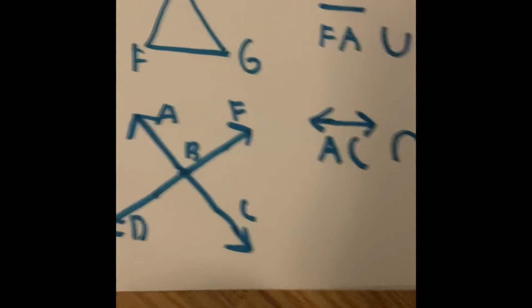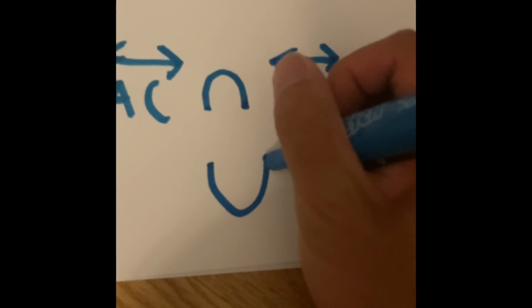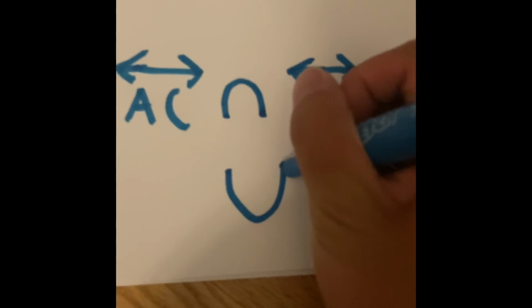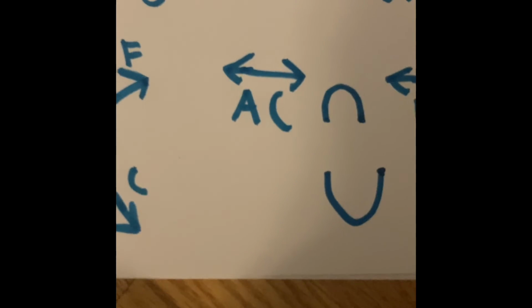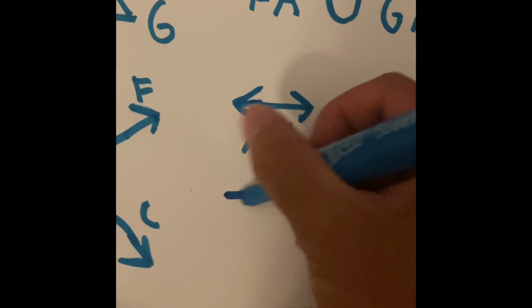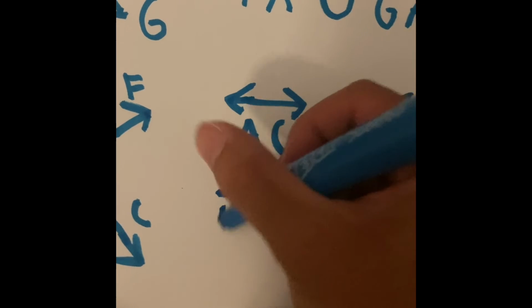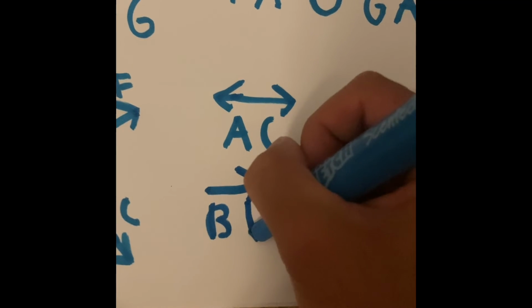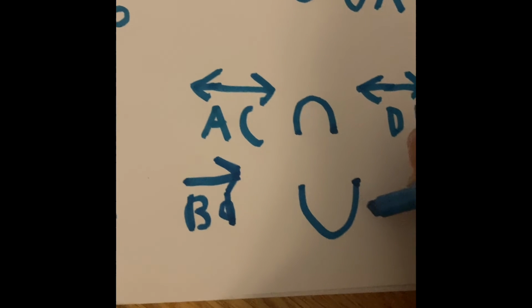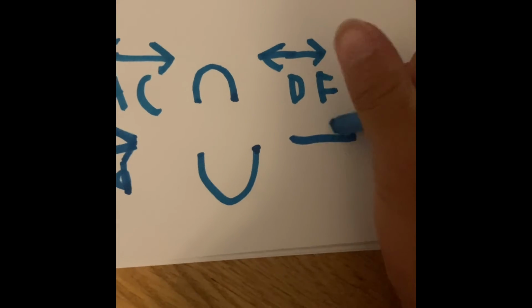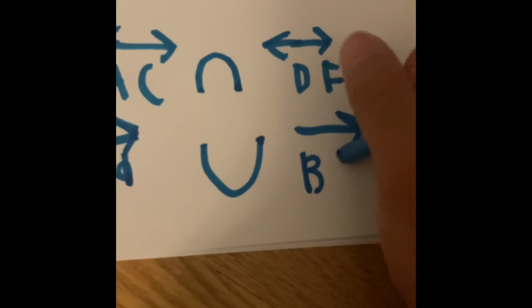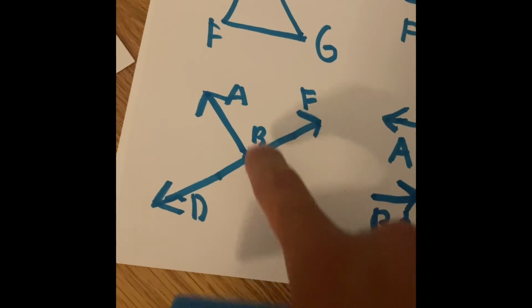But what happens if we try to make a union statement with this one? Well, what we can say is the ray BD can be union with the ray BC. So here's BD and here's BC.